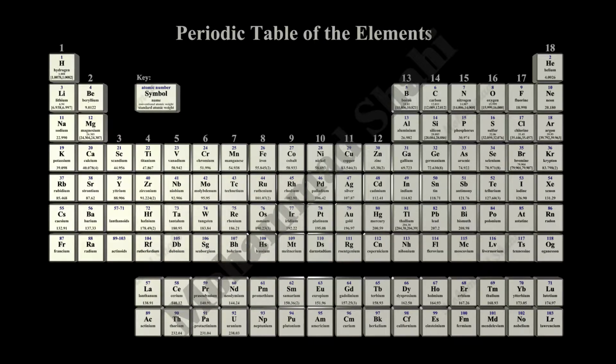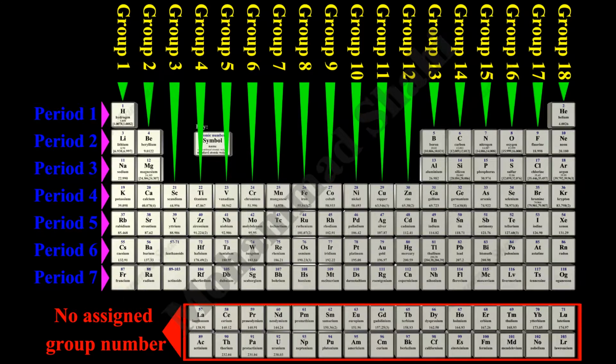We discussed how the arrangement of the periodic table is based on the electronic configuration of atoms. There is another important aspect of the arrangement of the periodic table, which is similarities in properties of some groups of elements. Vertical columns of the periodic table are called groups, also known as families, where there are 18 groups numbered from 1 to 18 based on their position from the left side of the periodic table.